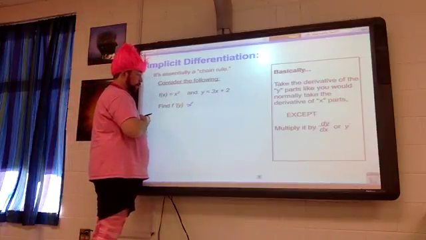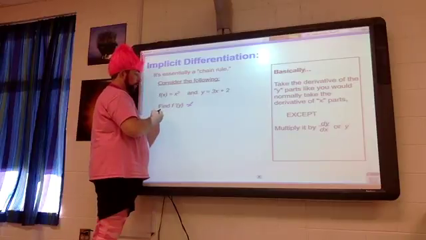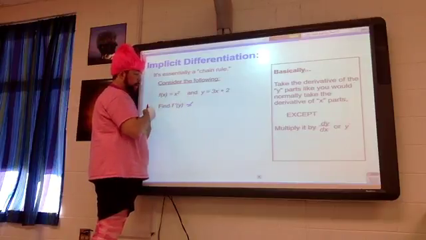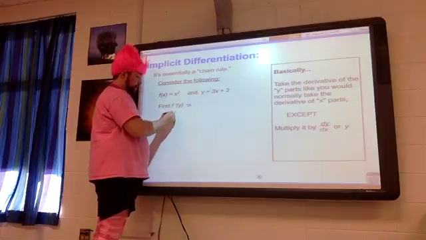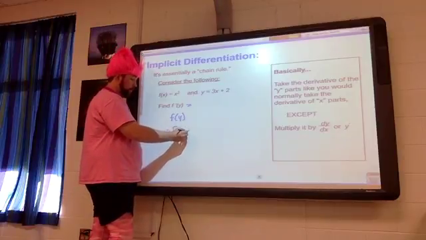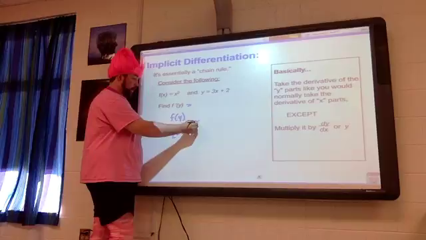Okay, then we take the derivative. We have to think about, hey, what is the f function? Let me go and write it out. f of y is equal to 3x plus 2, squared.